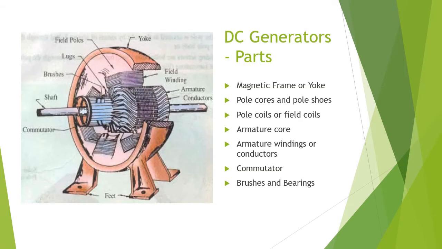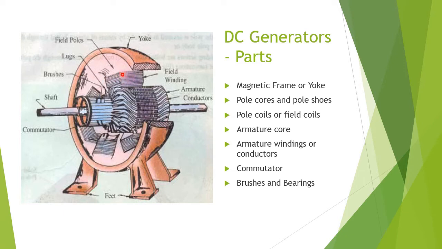Now let us see the parts of a DC generator. This is the DC generator. The parts are the magnetic frame and yoke, this outer covering part. Next are the pole cores and pole shoes, which may be an electromagnet or a permanent magnet.